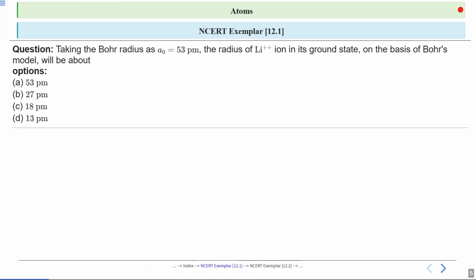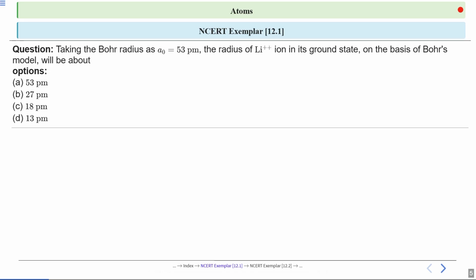Let's examine a multiple choice question about the radius of lithium double plus ion, lithium with 2 electrons removed, in its ground state, using Bohr's model of atom. Notice how the question gives the Bohr radius A0 as 53 picometers and asks you to compare the radius of lithium to this value.